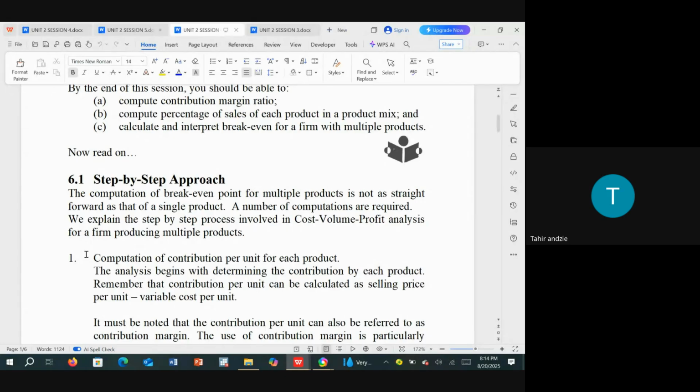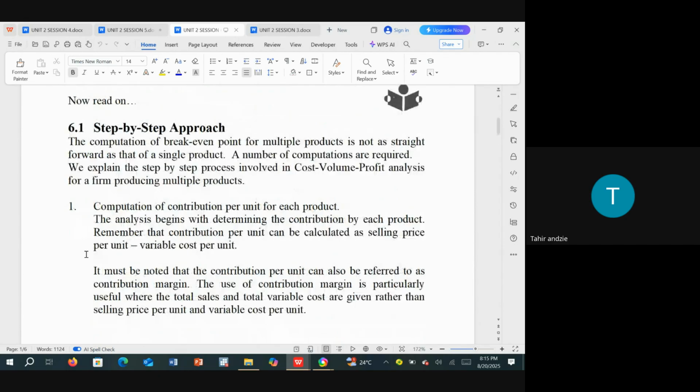So we are going to use a few steps to determine the weighted average contribution margin ratio so that we can then go ahead with our formula, fixed cost divided by the weighted average contribution margin ratio.